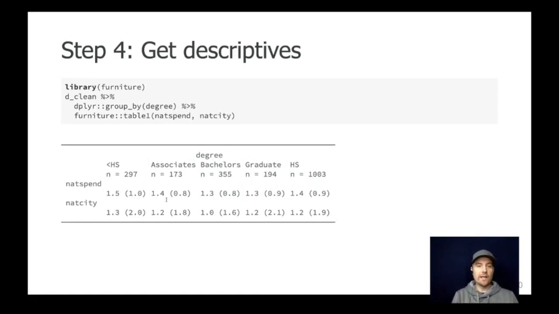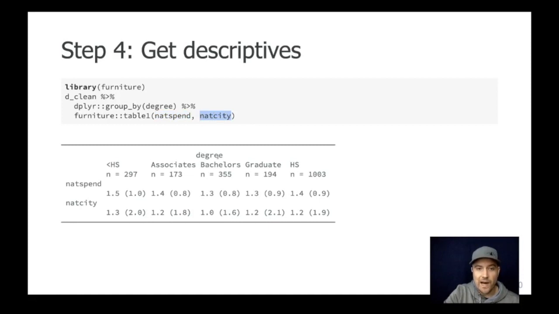And then we also can get means and standard deviations by group. What we're going to do here is grab dclean, group by degree, and create table 1 with the nat spend and nat city variables.